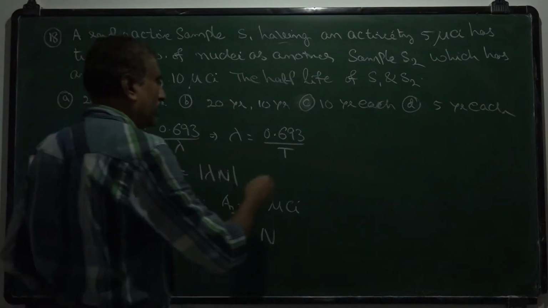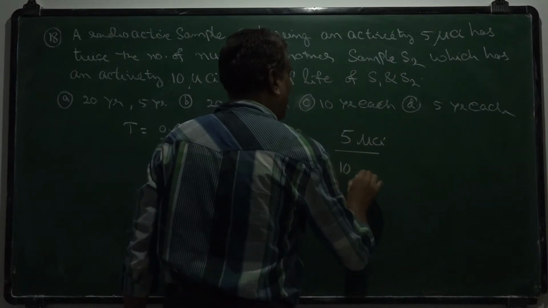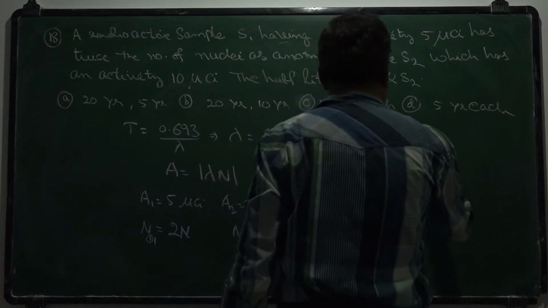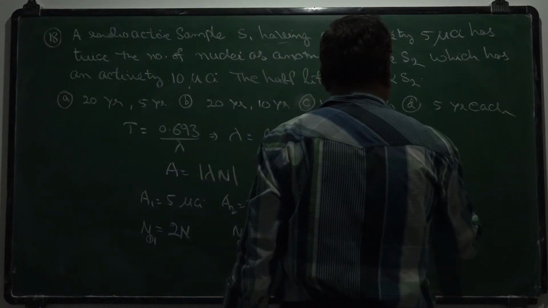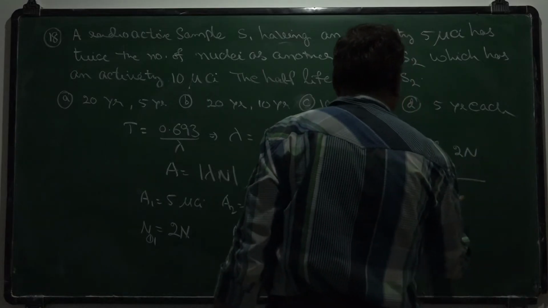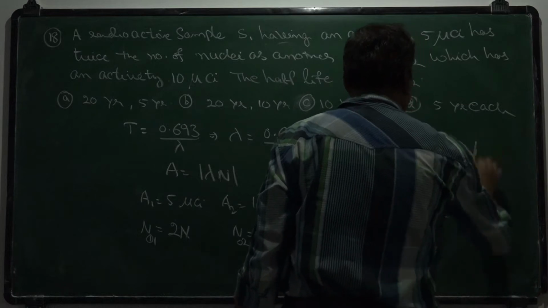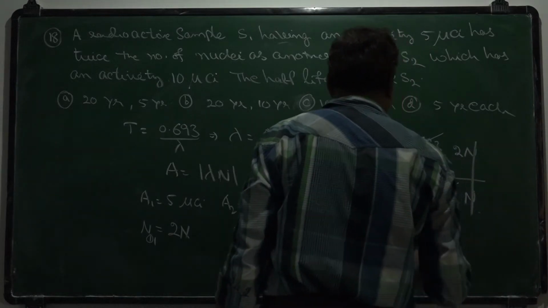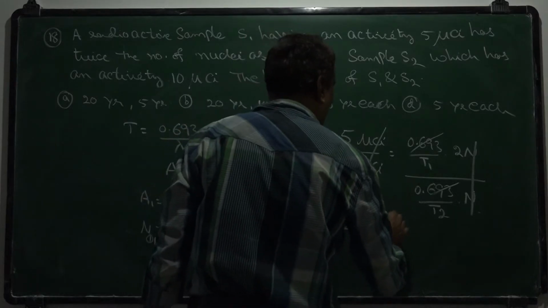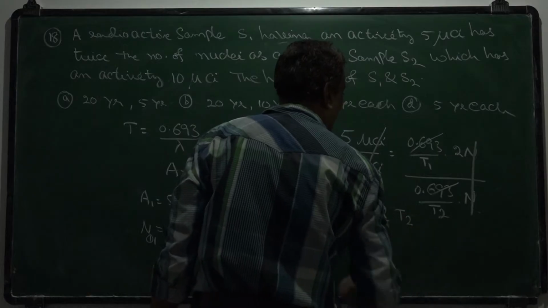Now substitute: 5 microcurie by 10 microcurie is equal to, for lambda 1, 0.693 by T1 into 2N, by 0.693 by T2 into N. So N gets cancelled, and so 1 by 2 is equal to 2 T2 by T1.